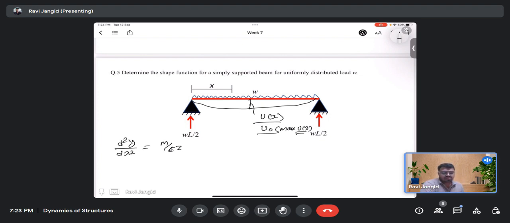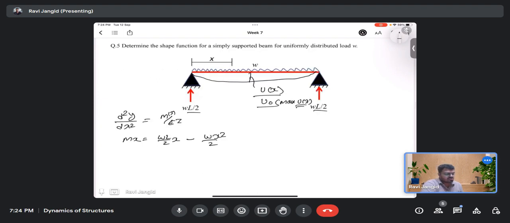Okay, so M(x) you can calculate at the distance x, as the reaction will be wL by 2. So M(x) would be wL by 2 into x minus wx square by 2. So EI d2y over dx square is wL by 2 x minus wx square by 2.